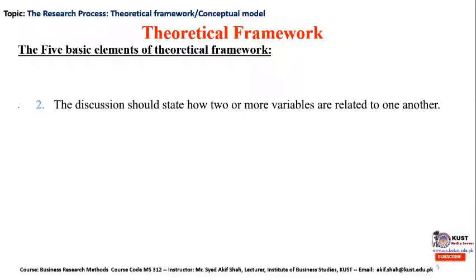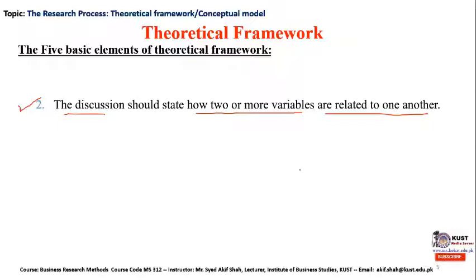The second point for a good theoretical framework is that the discussion should state how two or more variables are related to one another, like what type of relationship the dependent and independent variable may have, like the increase in the independent variable will influence the dependent variable in a positive way or in a negative way.